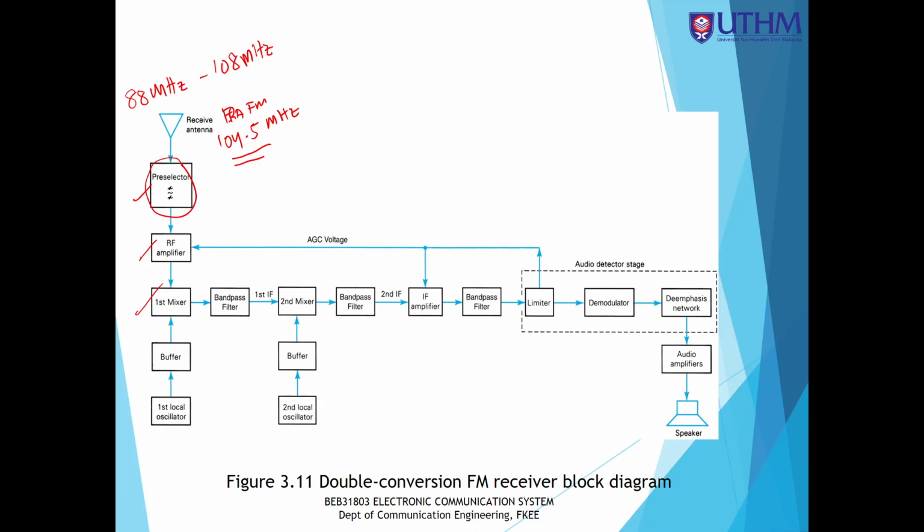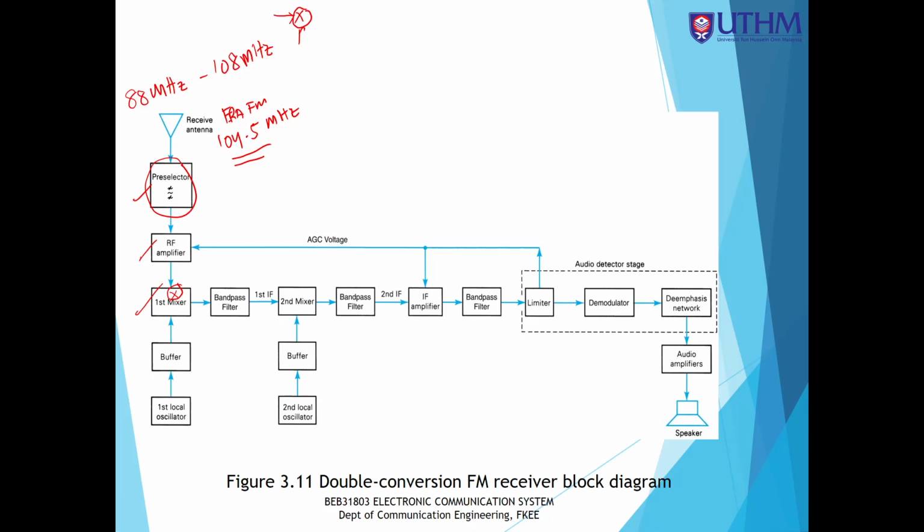If you remember, the mixer symbol is X, like this. So if you draw the picture, it is something like this. I draw it up here. The mixer converter will receive at least two inputs.